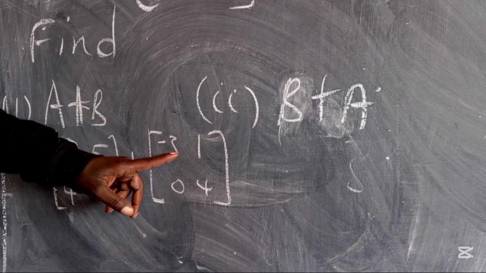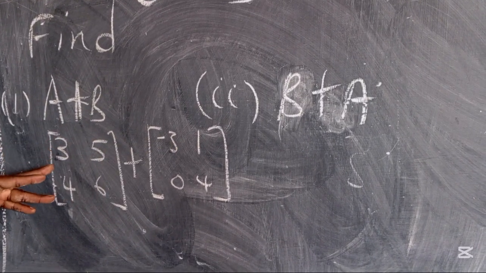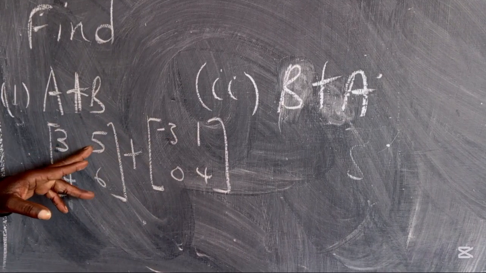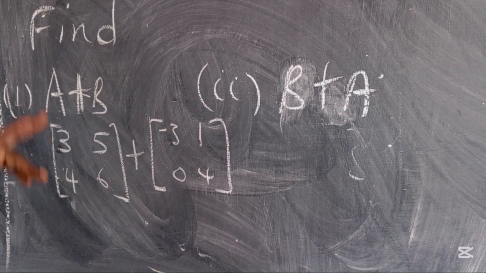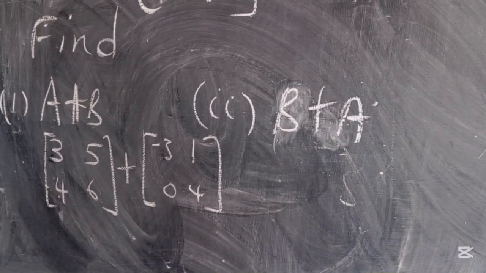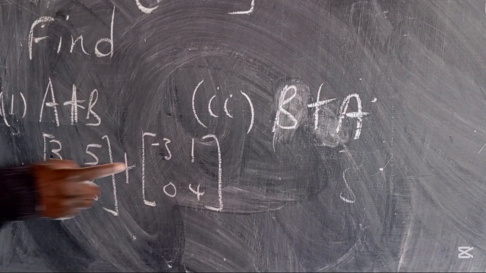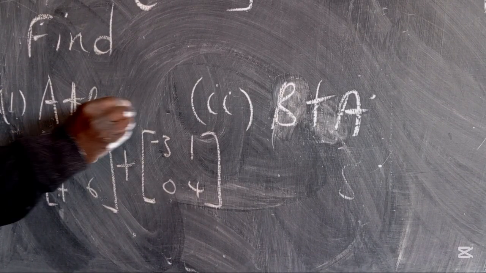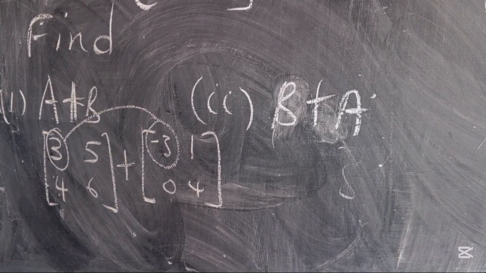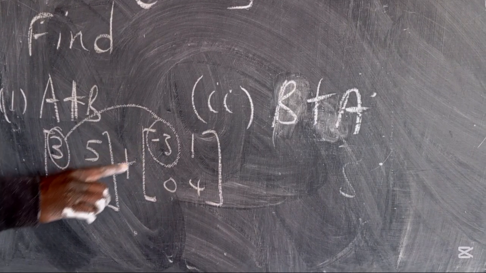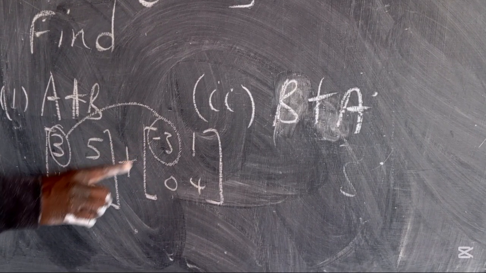So corresponding entries: the first one should add the first one, the second one should add the second one, the third like that, the fourth like that. No swapping, like 3 plus 0. No. This 3 should work out with the other 3. But always when you see a negative and a positive, the positive is killed. However, a negative.